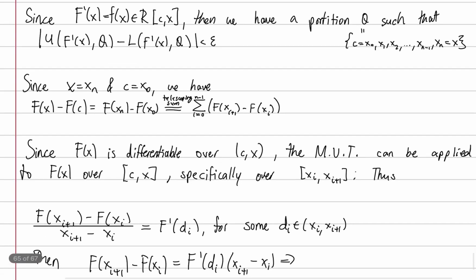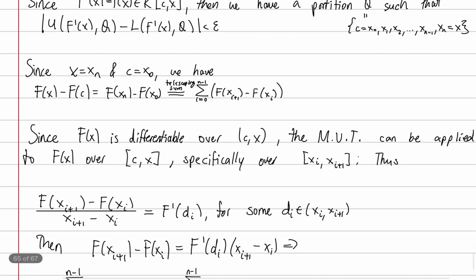In any subinterval, capital F of x sub i plus 1 minus capital F of x sub i over x sub i plus 1 minus x sub i is the derivative of capital F at d sub i for some d sub i, some tagged point. We don't know what point it is, but it is some point in the subinterval.